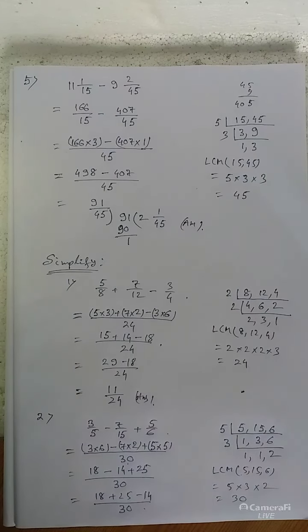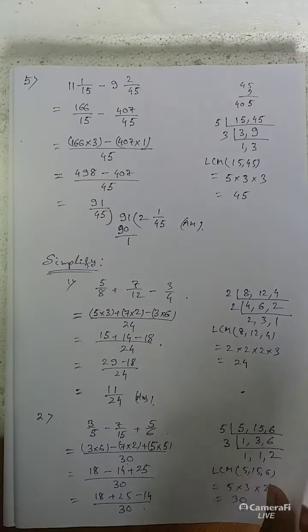So first we will add 18 and 25. 18 plus 25, what do we get? 8 5s are 13, 3, 1 carry, 2 4s, 43. So in the next step we write 43 minus 14 by 30.